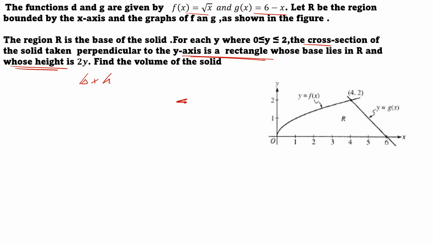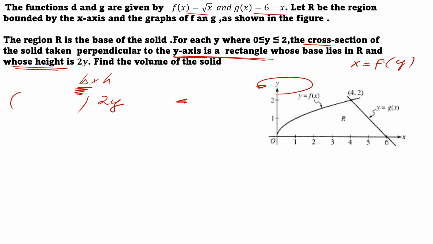So the height is actually 2y. Now what would be the base we have to understand? The base we know is top minus bottom. But in our case, this is perpendicular to the y-axis. It means the equation should be written in the form of x equals f of y.